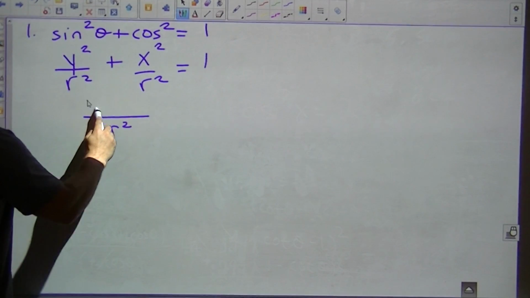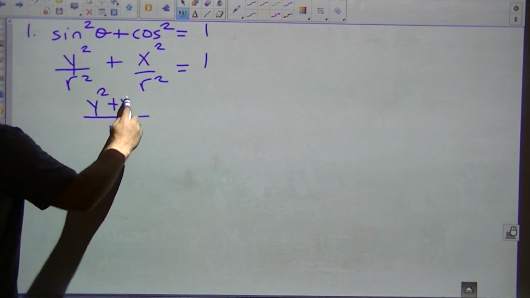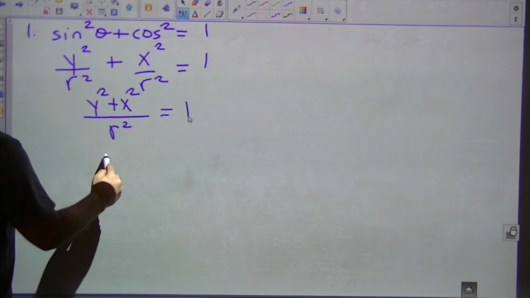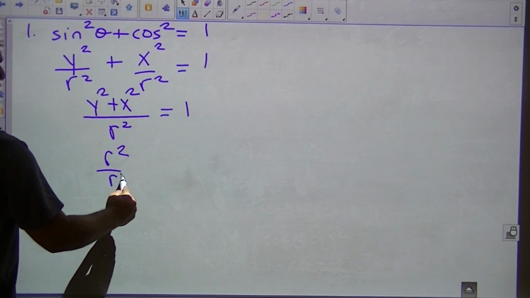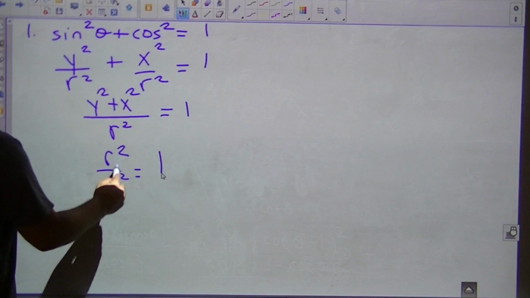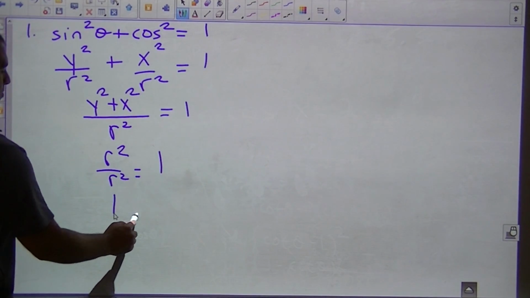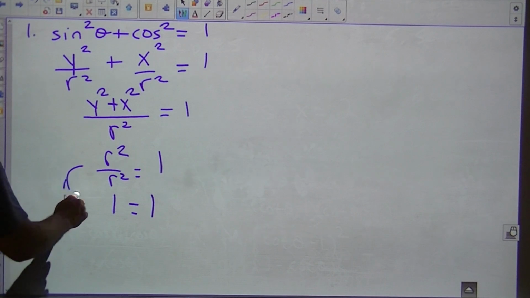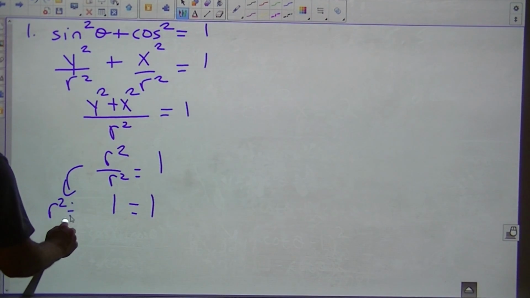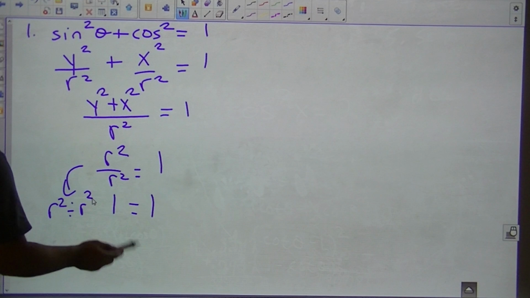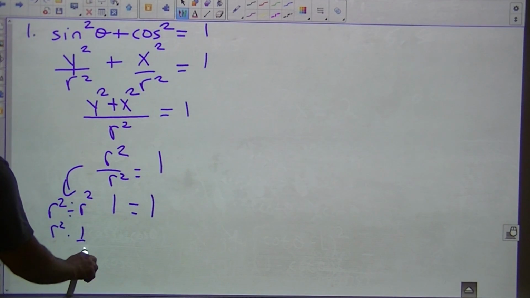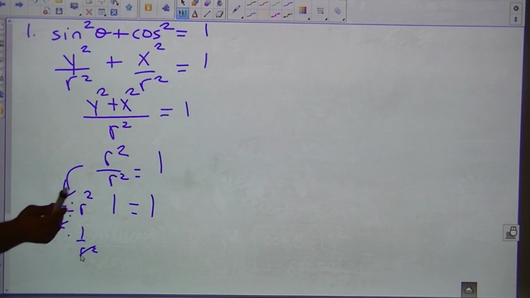Now I can push those together. What I got in your givens turns into r squared, so r squared over r squared equals 1. Anything you divide by itself will be 1, so 1 equals 1. If you wanted to, you could also have done r squared divided by r squared, flipped that over, and those would cross out. So you can do it either way.